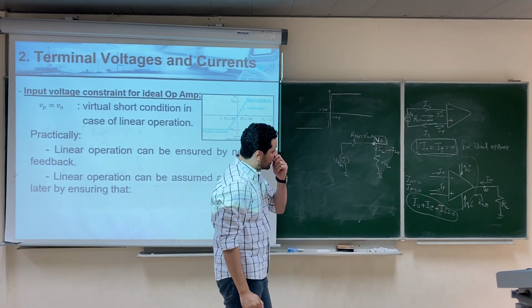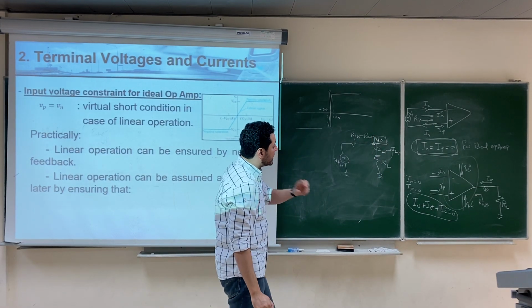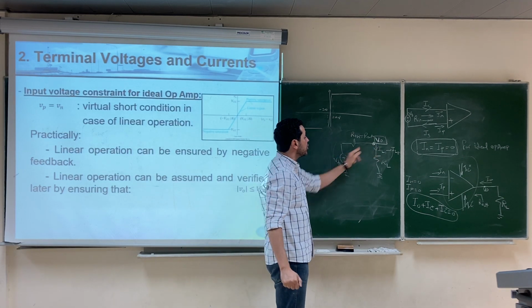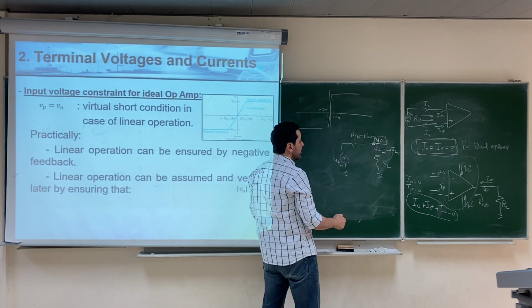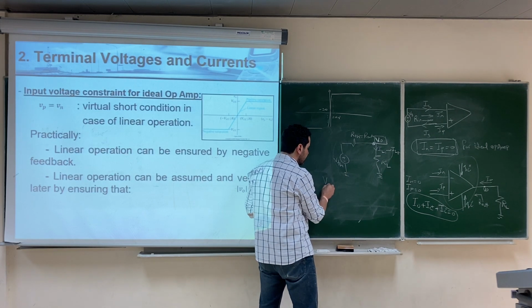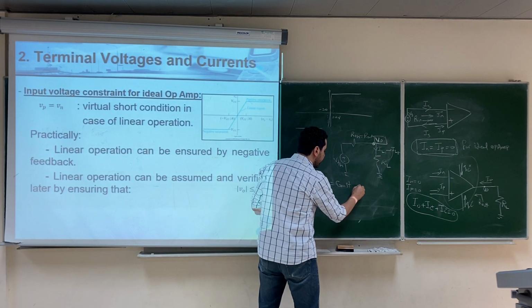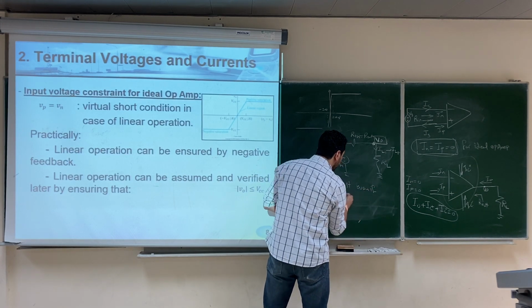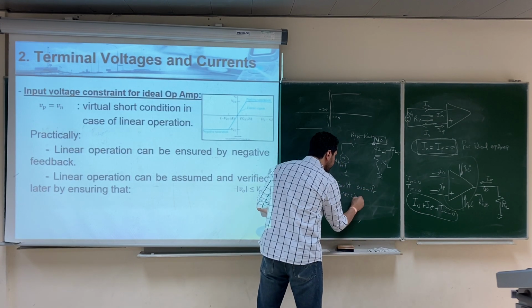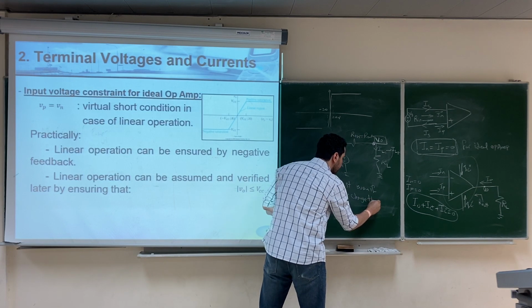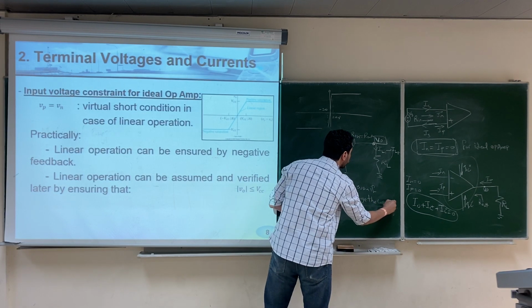What does it mean that the output voltage doesn't change even if you change the current? The output voltage is constant even if we change the current. What does it mean?